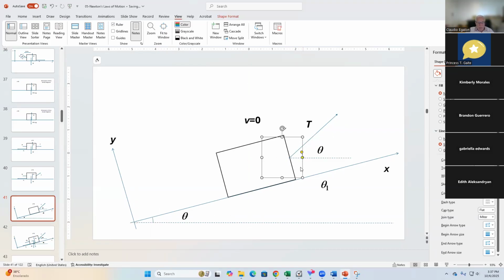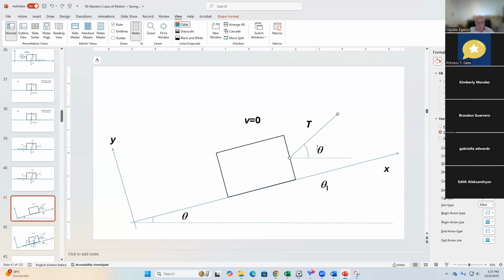But this tension makes a different angle, not the same angle theta, but let's say a theta 1 angle.